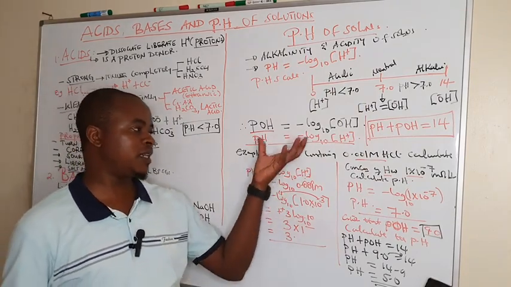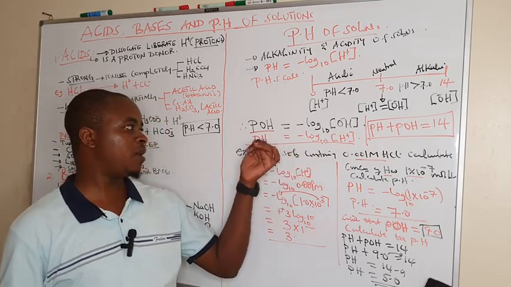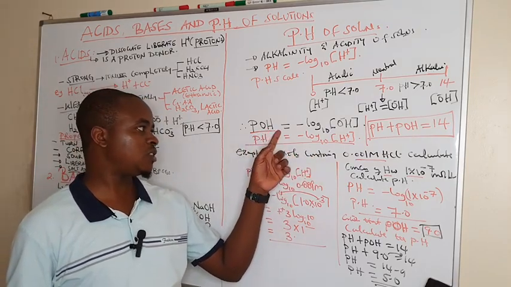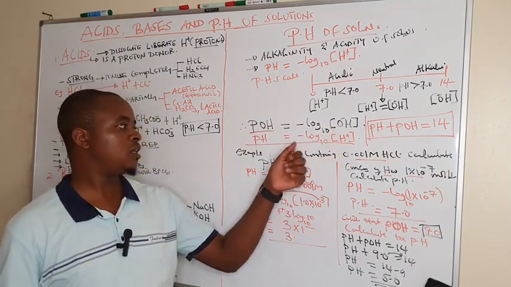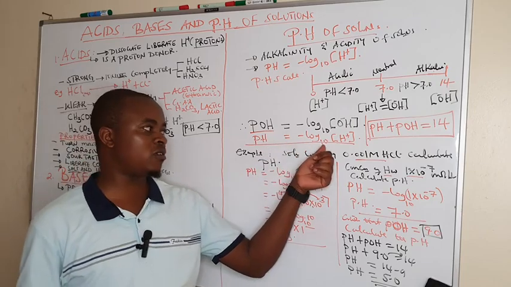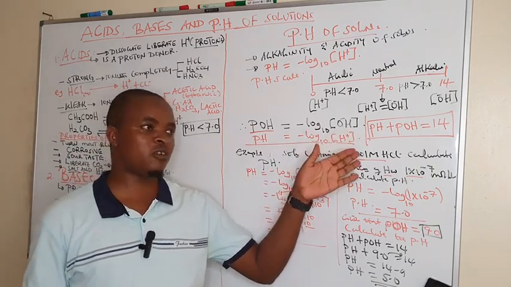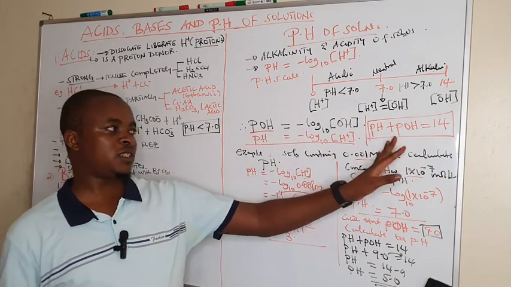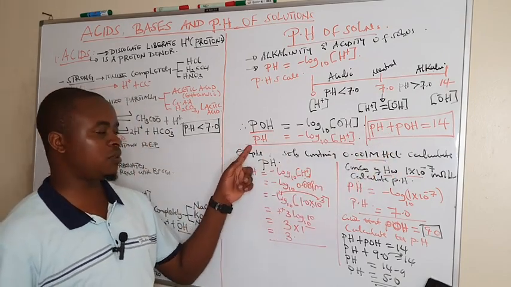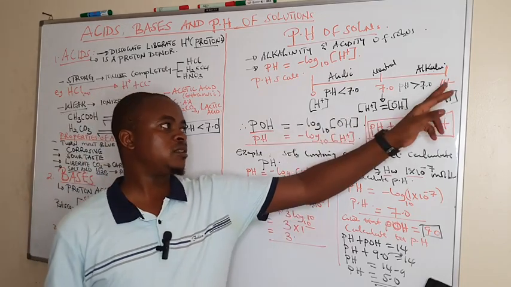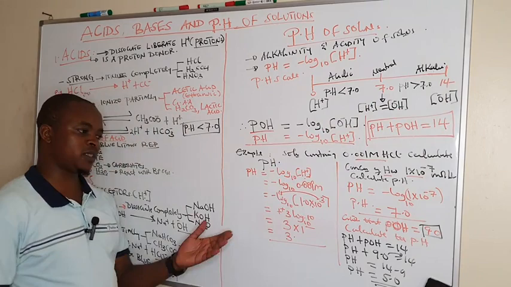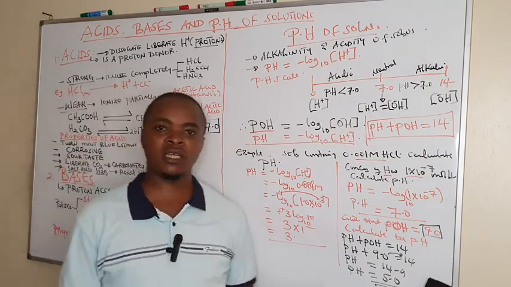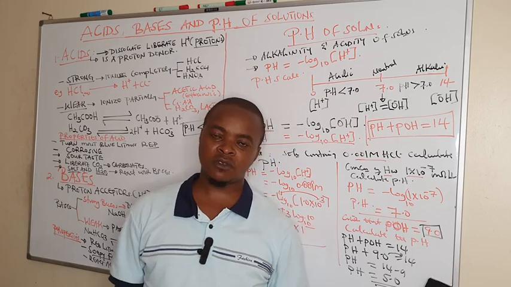We have seen different methods: pOH is equal to negative log base 10 of the concentration of hydroxide ions, or pH is equal to negative log base 10 of the concentration of hydrogen ions. And we have seen that if we add pH plus pOH, we should get a total of 14. And we have seen examples of how we can calculate the pH of solutions.